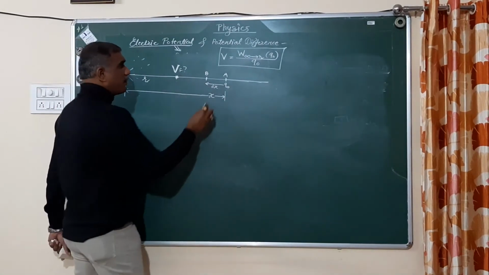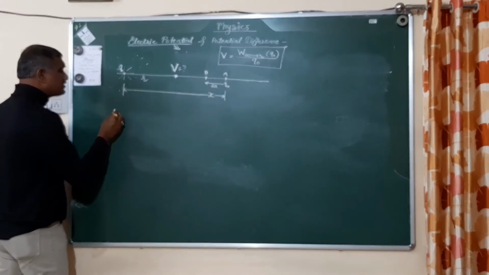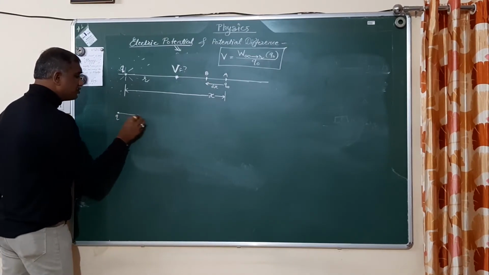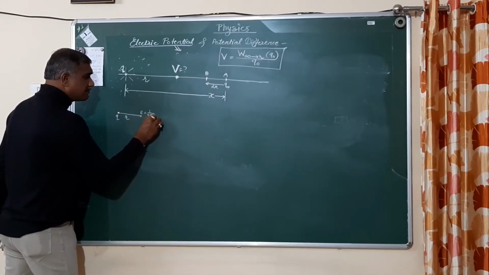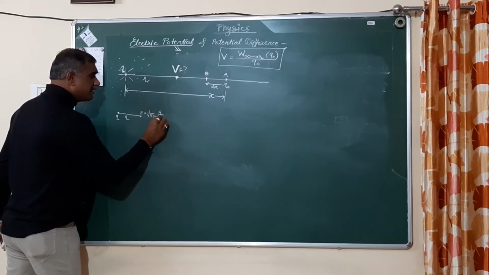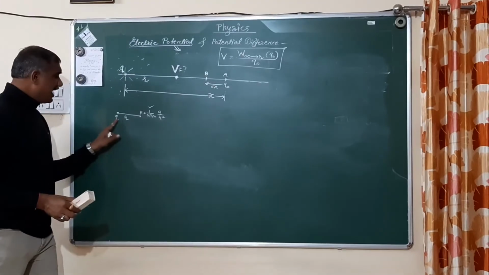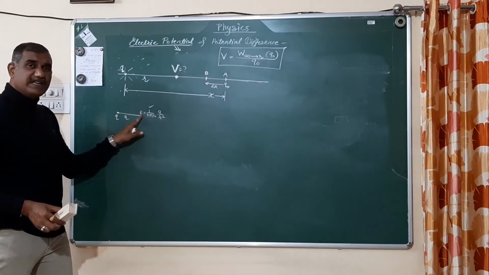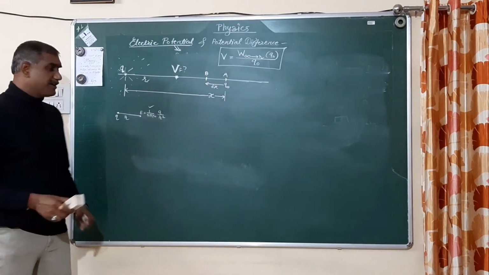Now, you know very well, according to Coulomb's law or the concept of electric field, that due to the charge Q at a distance r, the electric field intensity is equal to 1 upon 4 pi epsilon 0 Q divided by r square. What does it mean? Due to the charge Q at a distance r, at this position, the electric field intensity is equal to 1 upon 4 pi epsilon 0 Q divided by r square.